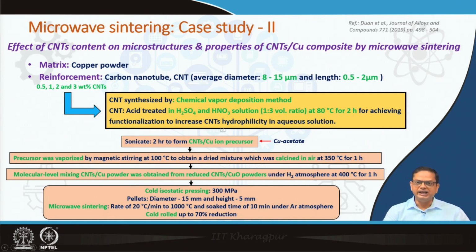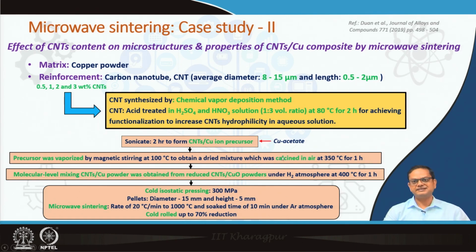Now, the whole idea of using copper acetate, or basically a copper ion precursor, here is that there is molecular mixing between copper and CNT, just to improve the homogenization and the wettability. This particular step was done here. Okay.